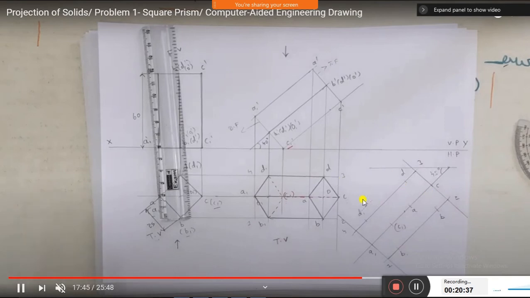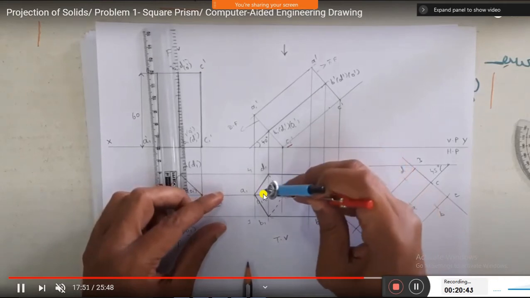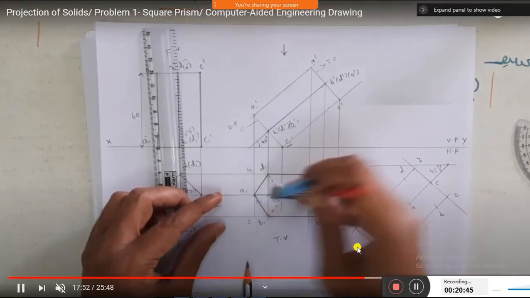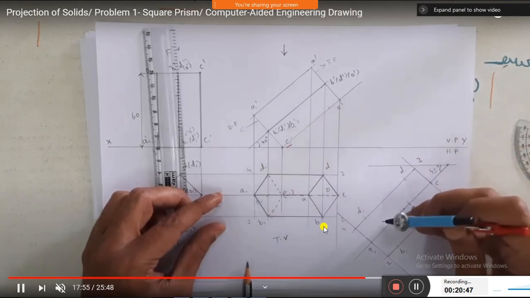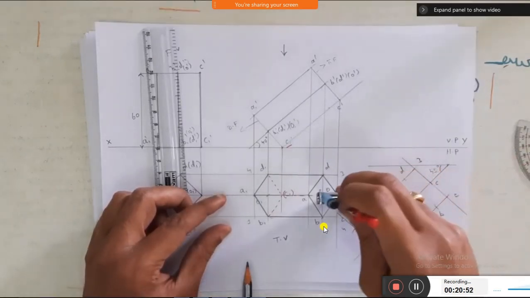So now we got all the points, and if you want you can mark the O and O1. Okay, so there is a point called O1, and the top from the C is called O. It should be the same.